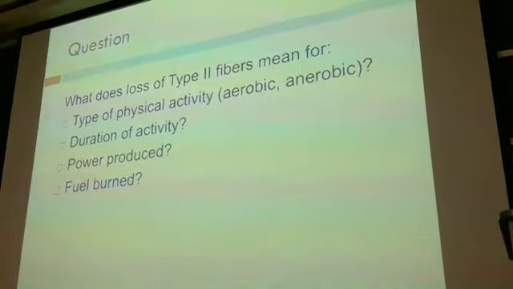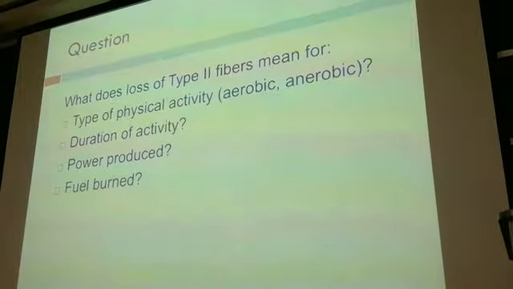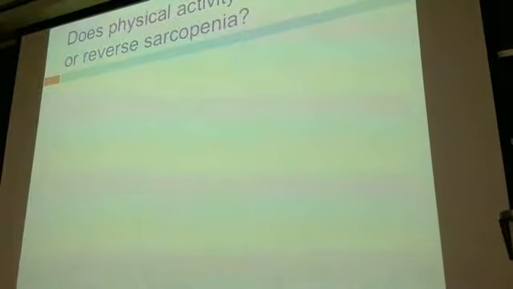Again, you're going to lose the short-term bursts of high-power activity. That's what happens functionally with aging, and the switching of fuel from using triglyceride primarily to less creatine phosphate.